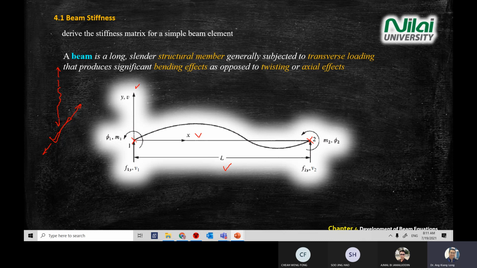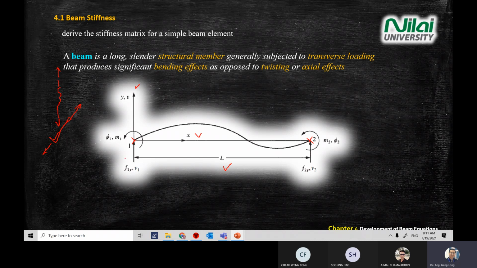But when it becomes a beam, the force is in the vertical direction, the y direction. So for beam, we have F1y vertical at point 1, and at point 2 we will have F2y.